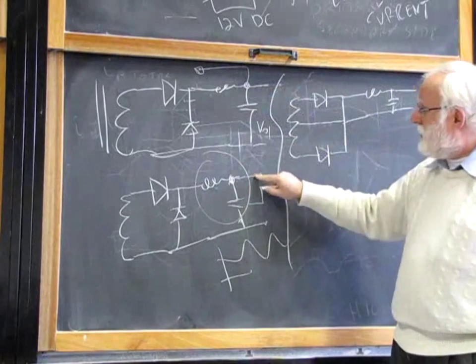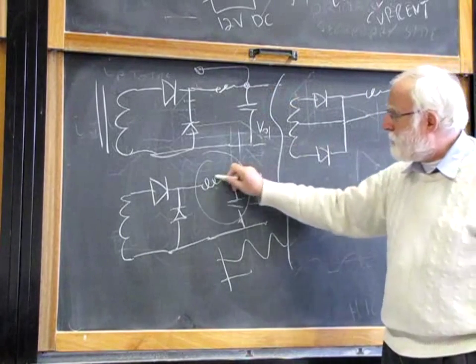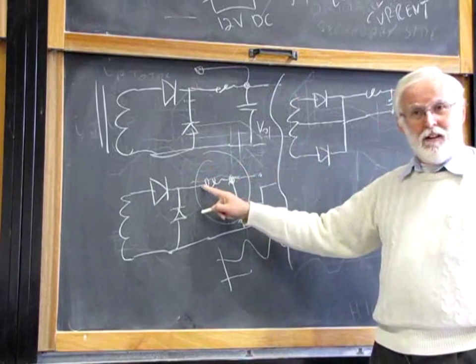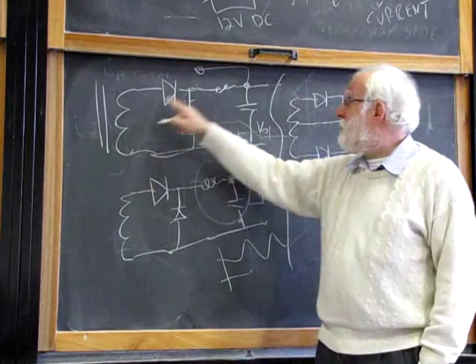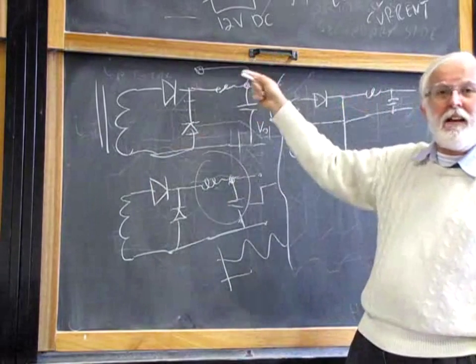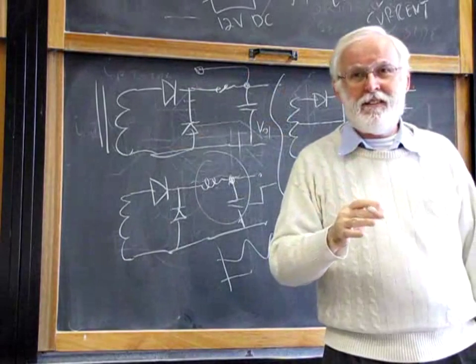If you change the load on this output, the change must propagate back to the inductor, back to the other output, back over here, and then eventually the feedback says, oh, something is going wrong, let's correct it.